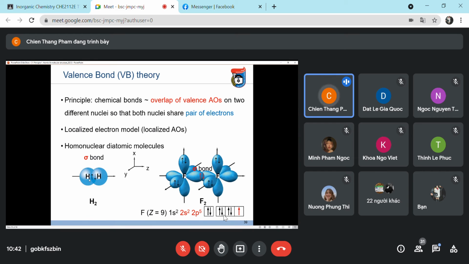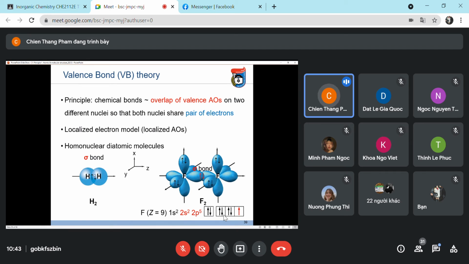So we can describe the bond between two hydrogen atoms as the overlap of two 1s orbitals. Because the electron density is along the intermolecular axis, the bond is called the sigma bond.